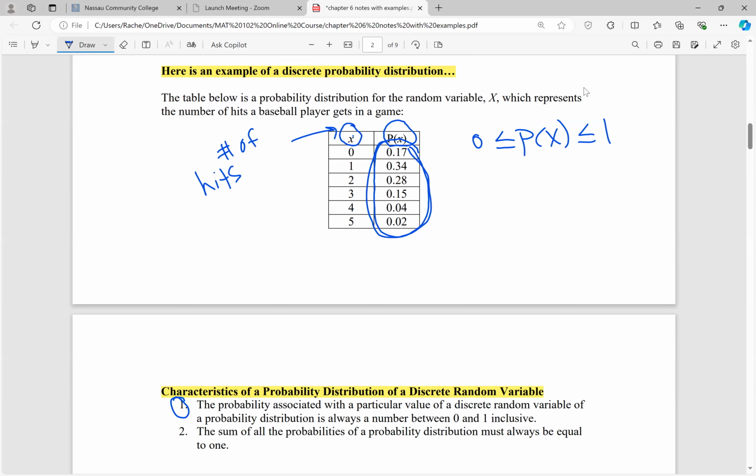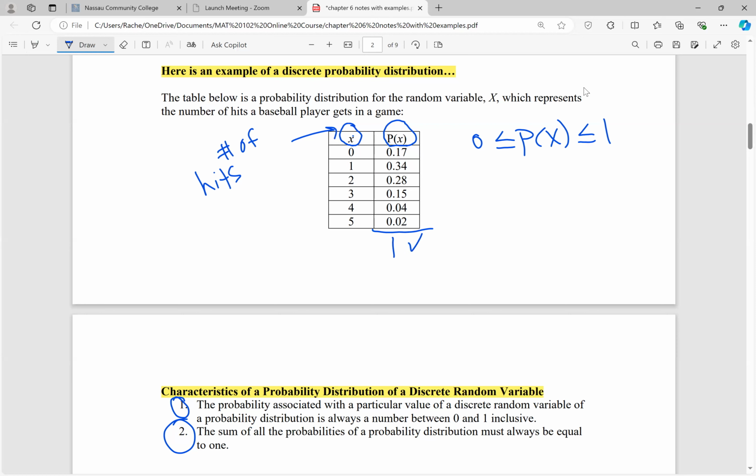The other really important characteristic is that the sum of all the probabilities in the probability distribution must always equal 1. So in other words, when we sum up this column for the probabilities, it has to add up to 1, or else it's not a valid probability distribution. Now, if you were to add up these values, 0.17, 0.34, 0.28, 0.15, 0.04, and 0.02, they sum to 1.